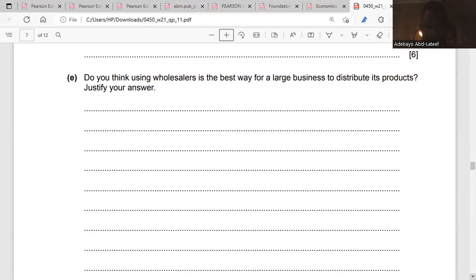E. Do you think using wholesalers is the best way for a large business to distribute its products? Justify your answer. I said yes, one, because when you use wholesalers, they're going to buy in bulk. That means you might not need a lot of space to keep your products, because they will always come and buy in bulk. So that reduces the cost of getting a new space for a warehouse. Two, wholesalers advertise and promote your products.